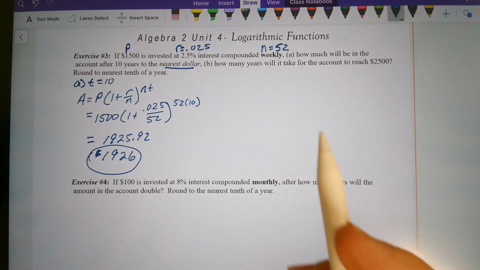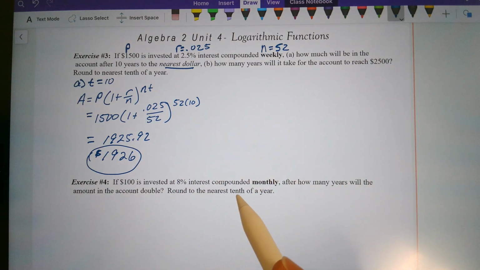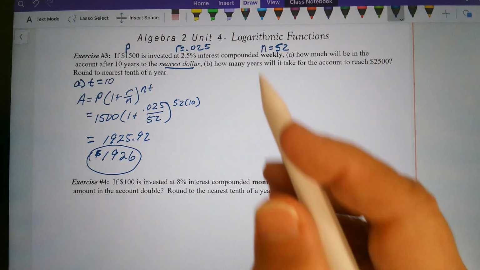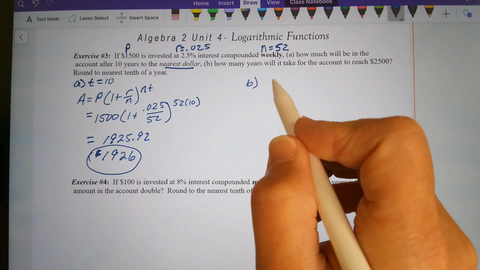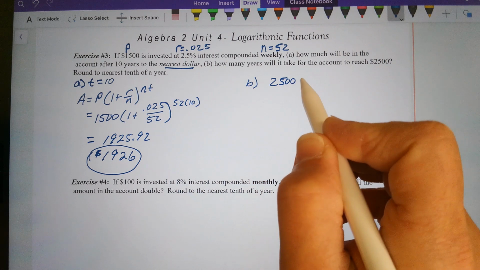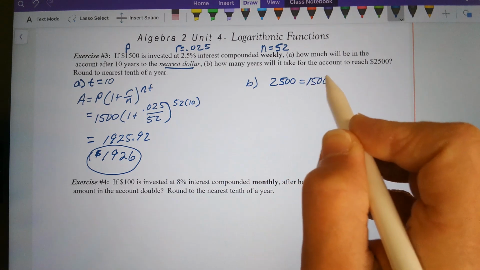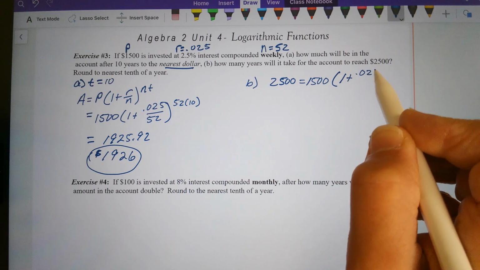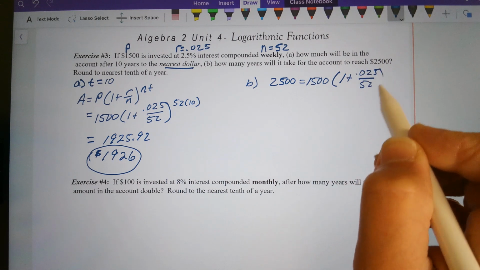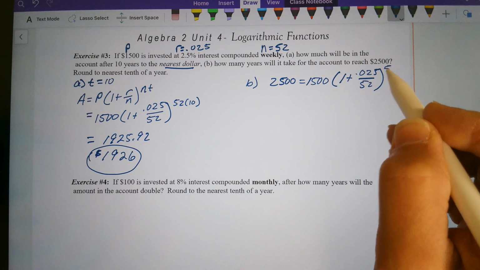B, how many years will it take for the account to reach 2,500? Round to the nearest dollar. So 2,500 equals 1,500 times 1 plus 0.025 divided by 52 raised to the 52t.